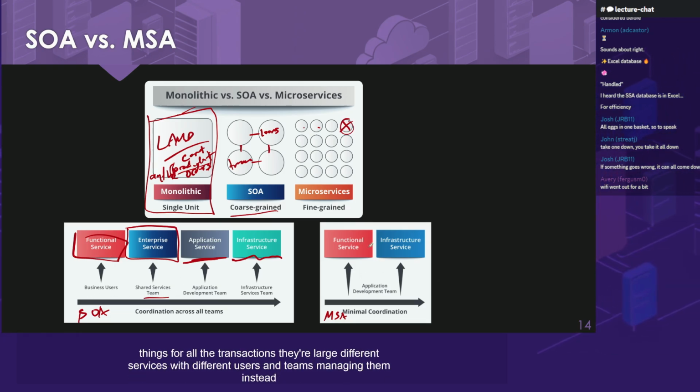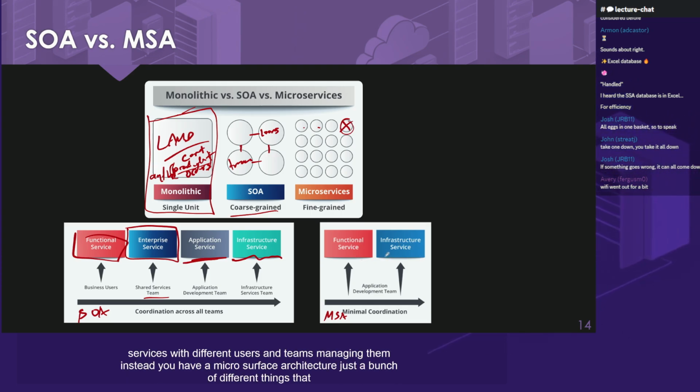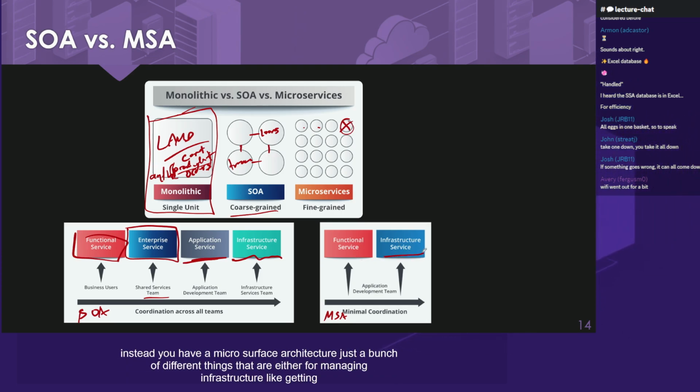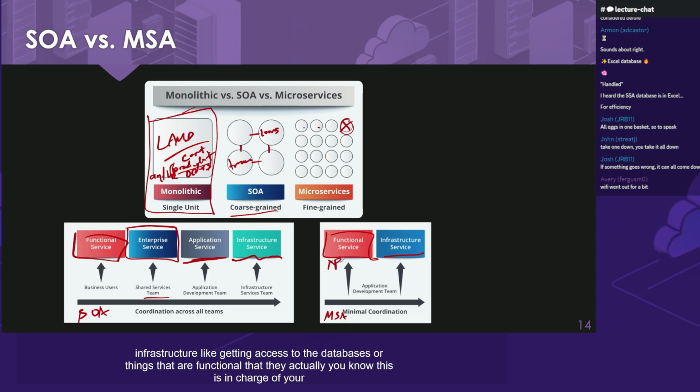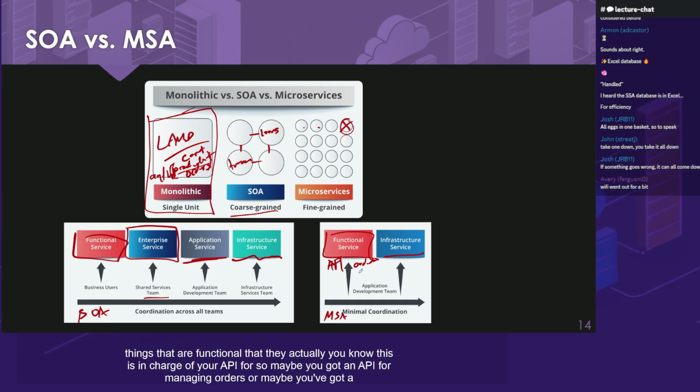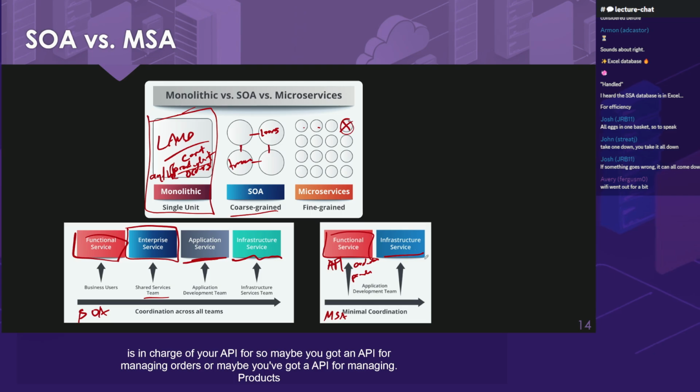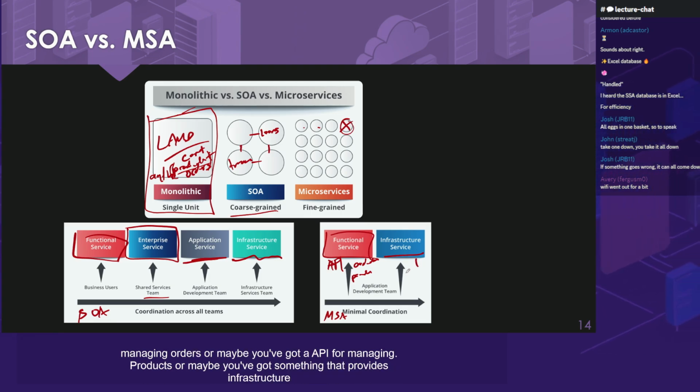Instead, in a microservices architecture, you have just a bunch of different things that are either for managing infrastructure, like getting access to the databases, or things that are functional. This is in charge of your API for things. So maybe you've got an API for managing orders, or an API for managing products, or maybe something that provides infrastructure in terms of a bucket for your product images, right?